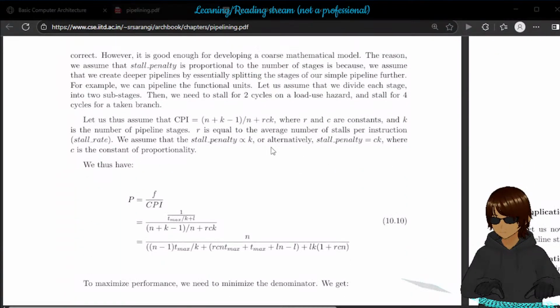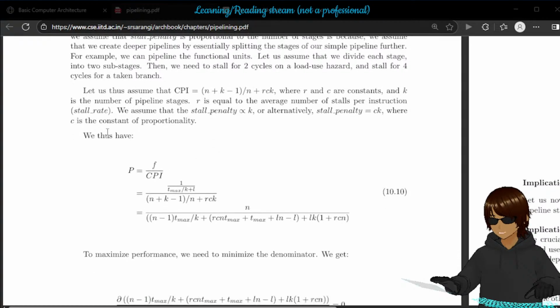Okay. Now they're using it over here, but adding it with RCK. R is the average number of stalls, and CK is the stall penalty. We thus have P equal to F divided by CPI.